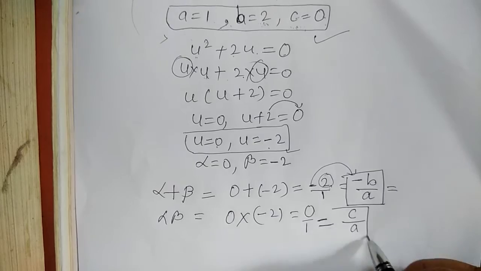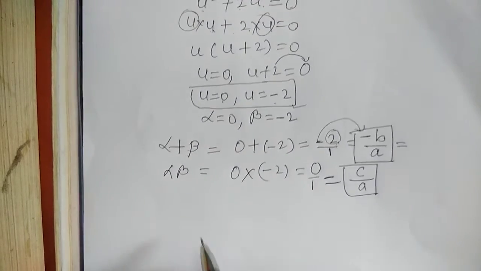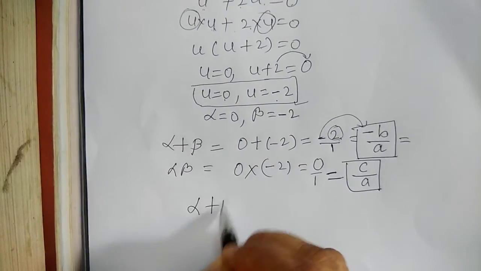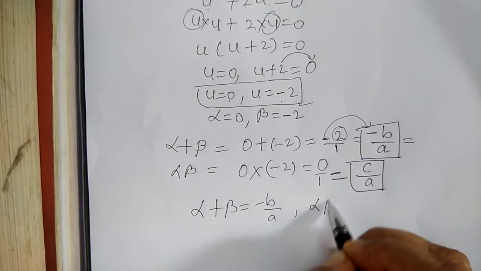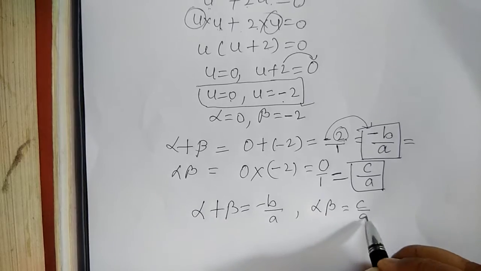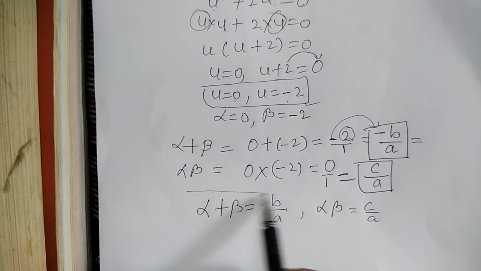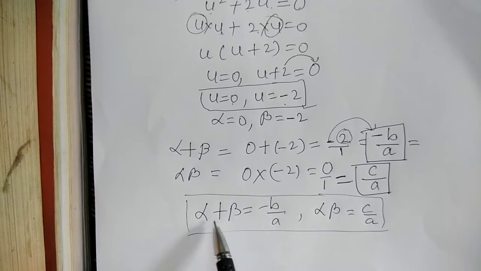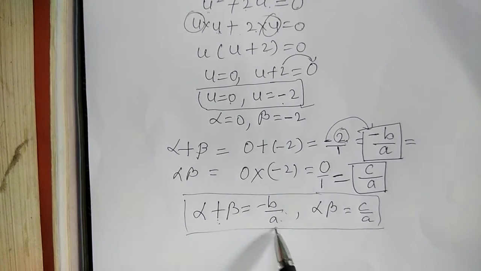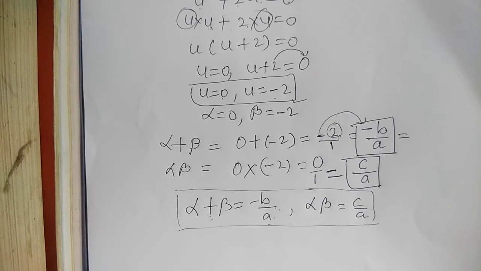So we get c by a. So what is the relation we got? We got alpha plus beta equals minus b by a and alpha into beta equals c by a. So this is the relation between roots and coefficients of a quadratic polynomial.